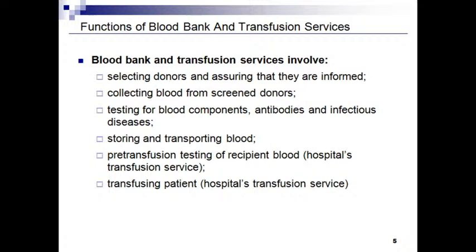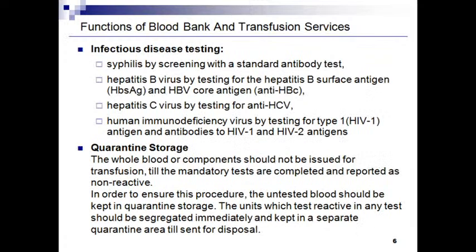Any clinical hospital has its own blood service, and the blood service deals with patients of the same hospital. What is pre-transfusion testing? Primarily, it's a definition of blood group, typing of blood into groups. And secondary, it's infectious disease testing.